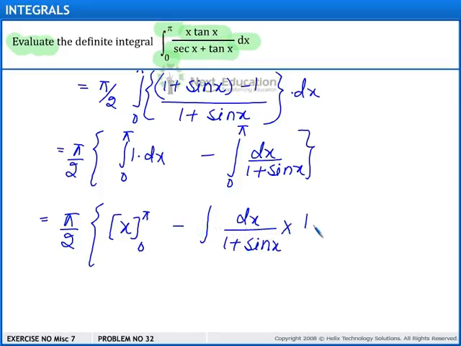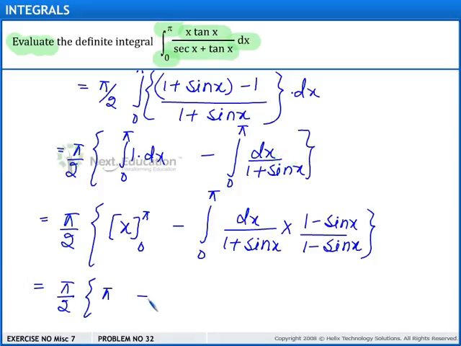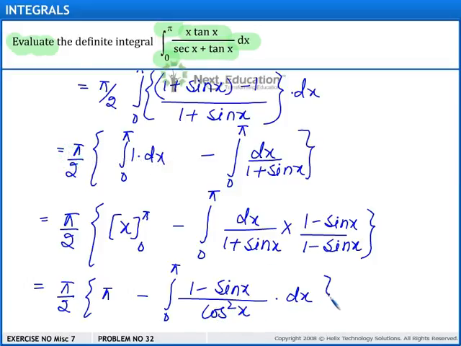Now multiplying the numerator and denominator by 1 minus sin x. Here we are rationalizing this function, and the integral is from 0 to pi. So this is equal to pi by 2 times: on solving this, we get pi minus 0, that is pi, minus the integral from 0 to pi of 1 minus sin x divided by 1 minus sin square x, that is cos square x, into dx.